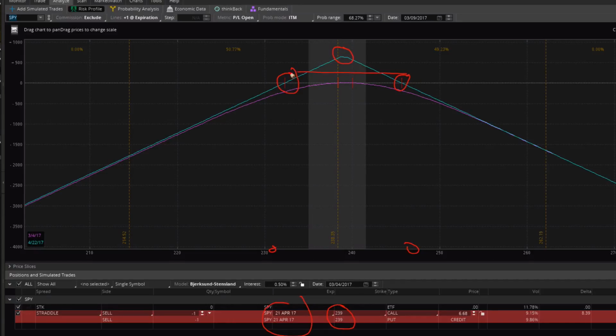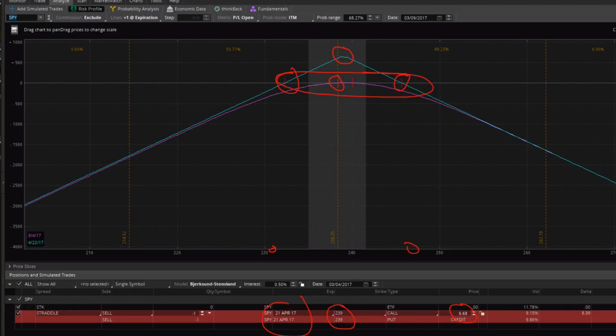Now, this distance is actually pretty easily calculated. It's just the current price of the stock plus the credit you've collected for the actual strangle. Does that make sense? Because if your stock goes down in price or goes up, you're going to start losing money, but you've collected money in the first place. It's kind of like with selling a put.